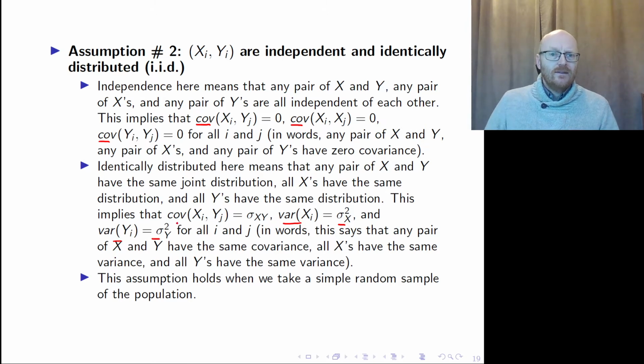And the covariance between x and y should be a constant, okay? And this assumption should hold if we take a simple random sample of the population, that you look at one entity at random from the population. So you take random draws.